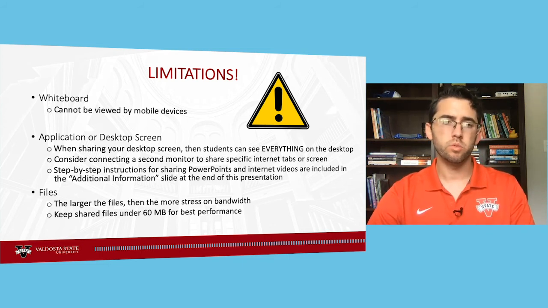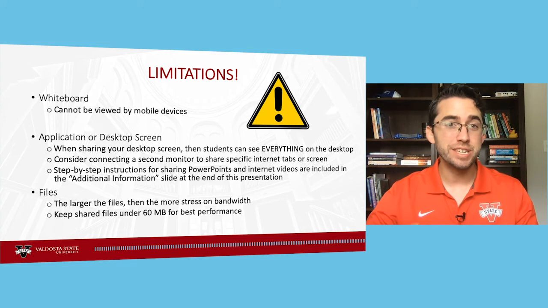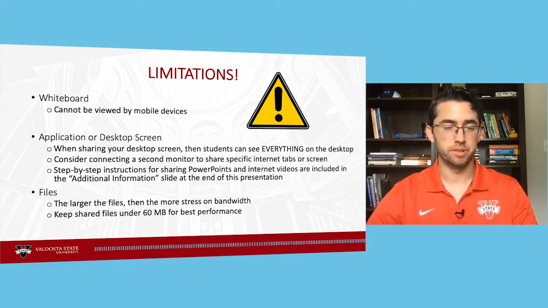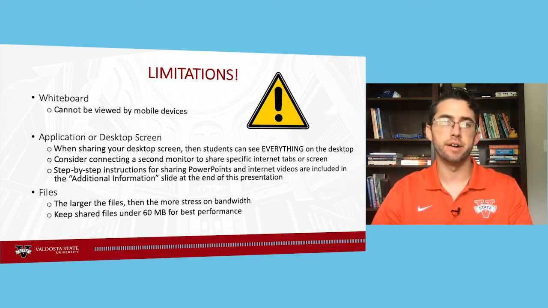Next, when you're working with the sharing application or desktop screen, remember they can see everything on your desktop. One way around this is to consider connecting a second monitor and then putting the internet tabs or other documents over onto that other monitor so that you can control what the students are going to see.